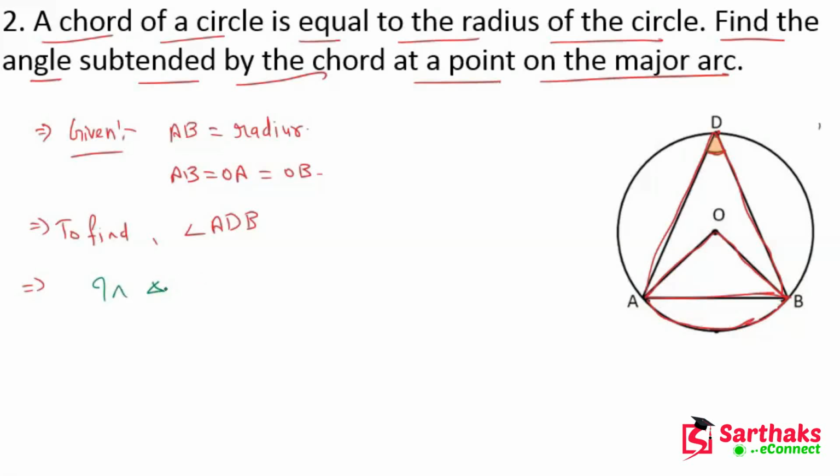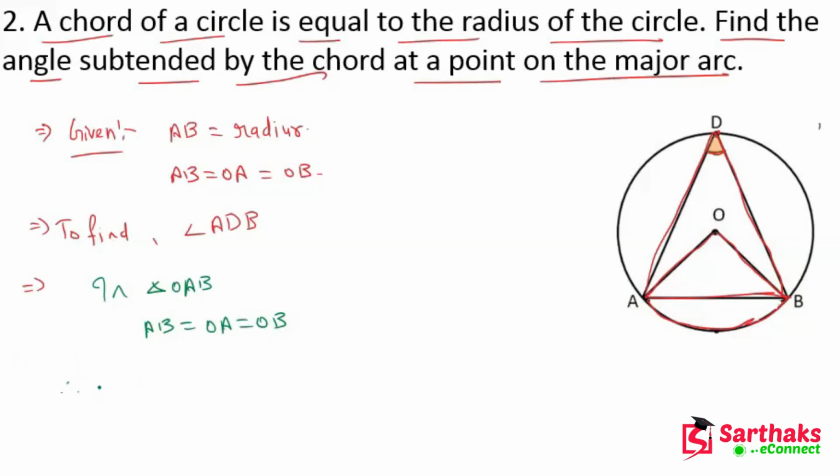So now in triangle OAB, we know that AB is equal to OA is equal to OB. This is given.